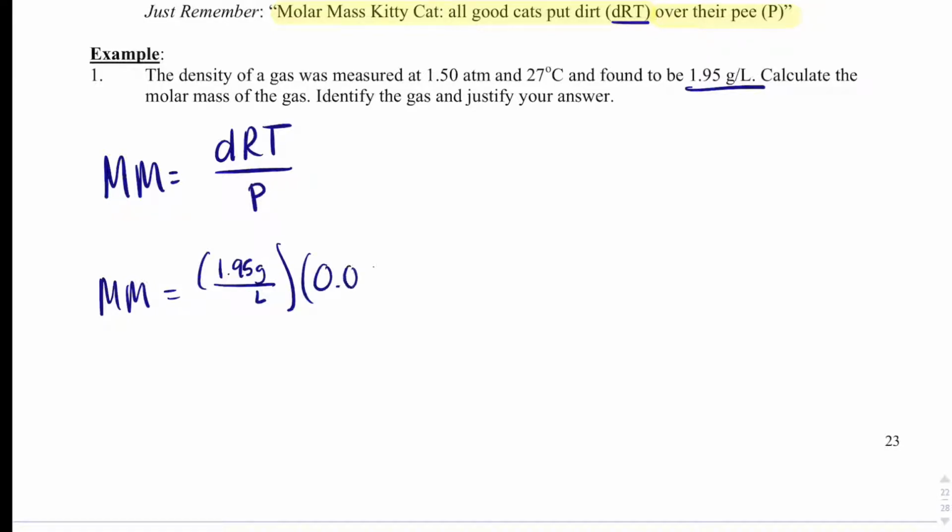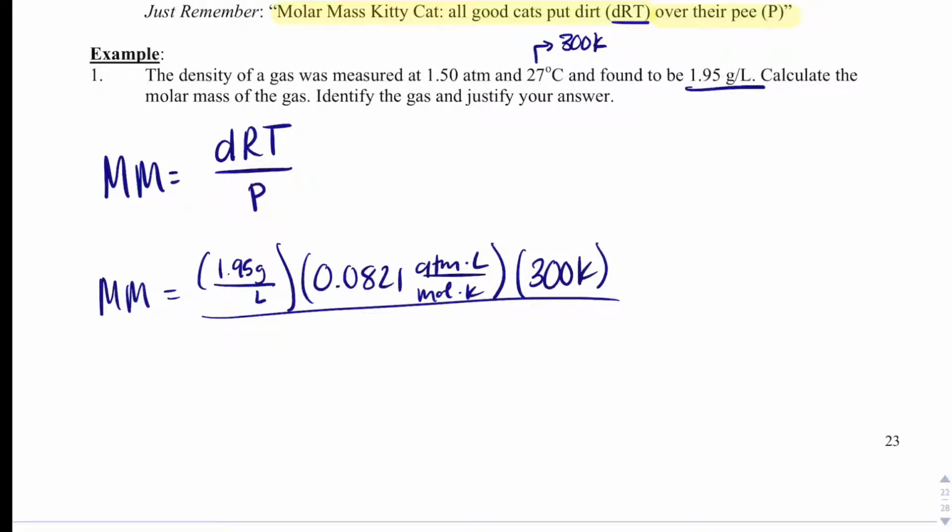Gas constant is 0.0821 atm times liters divided by moles times Kelvin. The temperature is 27 degrees Celsius or 300 K. And then the pressure is 1.50 atm.